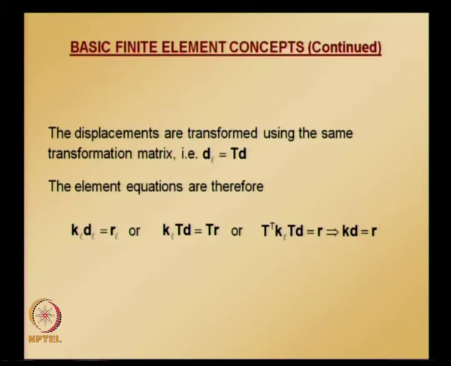After carrying out the indicated matrix multiplication, the plane frame element equations in the global coordinate system are obtained. For one element we obtain this, and a similar process we can repeat for other elements. Assembly and solution procedure for nodal degrees of freedom remain the same as what we have been doing till now.